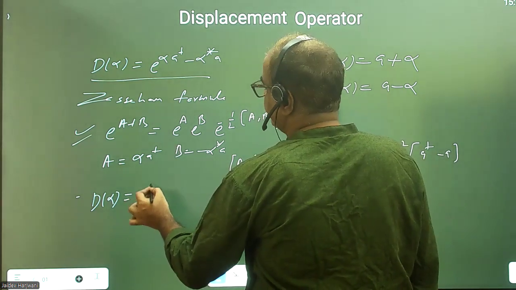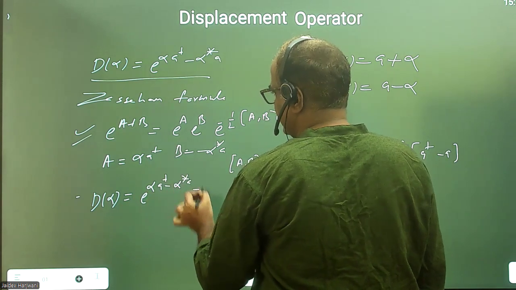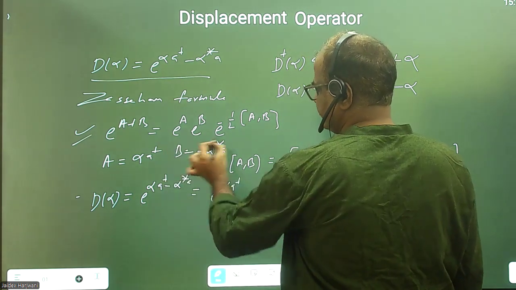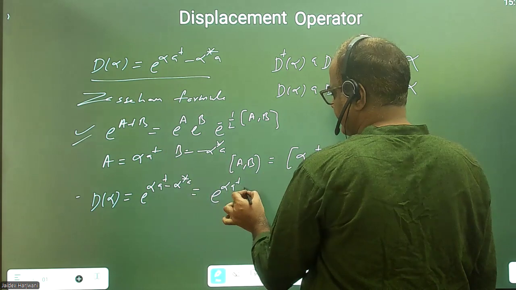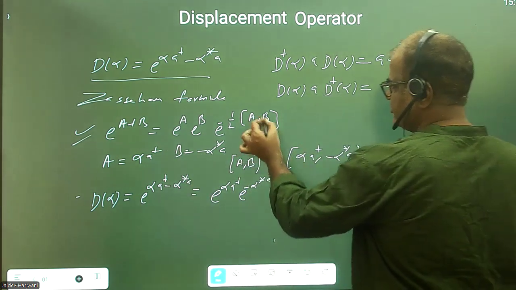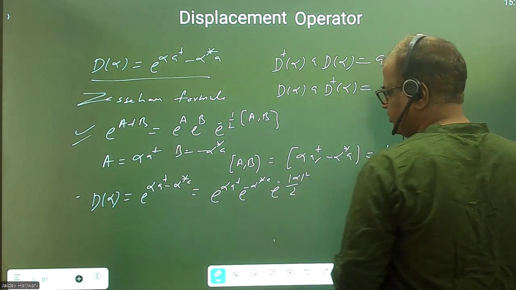And now this operator E power alpha A dagger minus alpha star A, using this formula I can write as E alpha A dagger, E minus alpha star A, and E upon minus alpha mod square by 2.